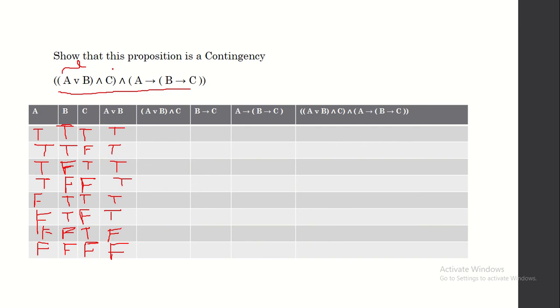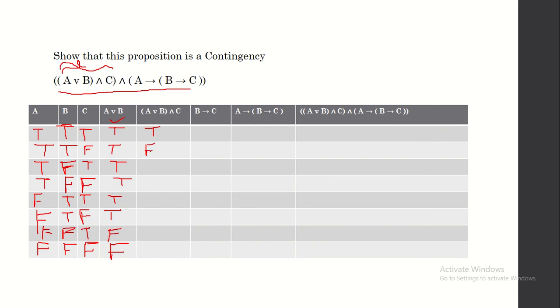Now let's complete this part. This is (A or B) and C. We have already calculated A or B, so now we need to compute (A or B) and C. Both A or B and C are true, so this is true. After this, as C is false, it is false.